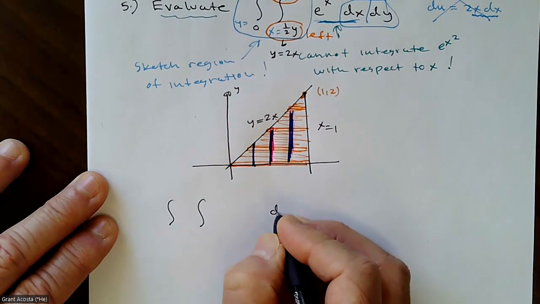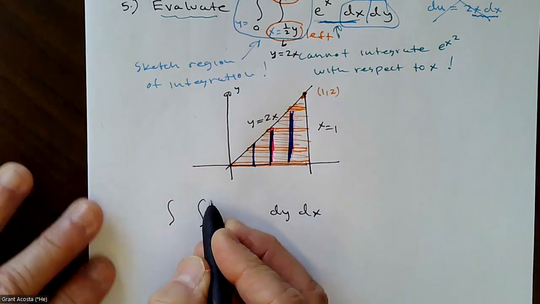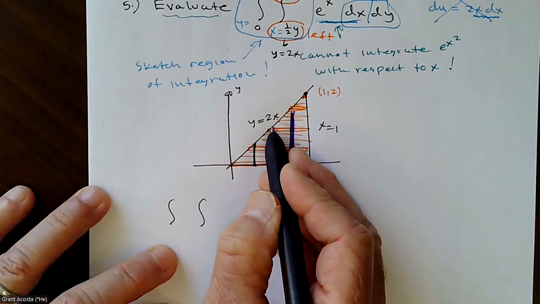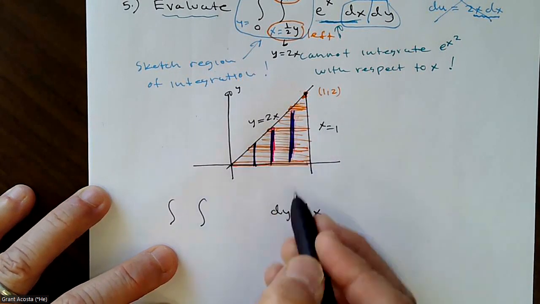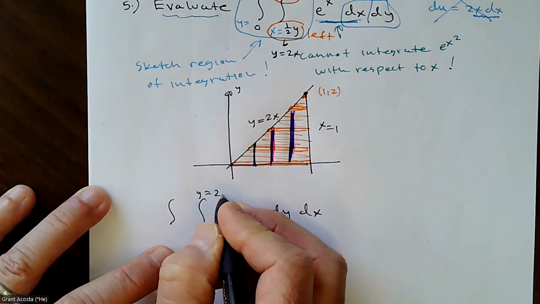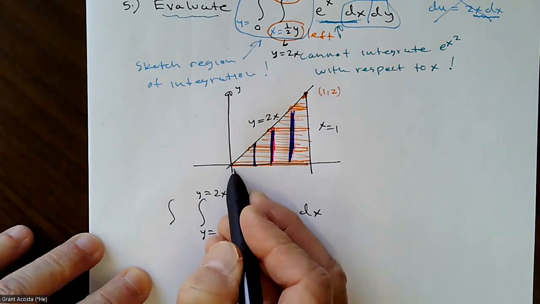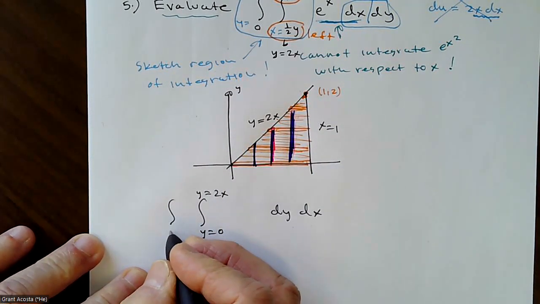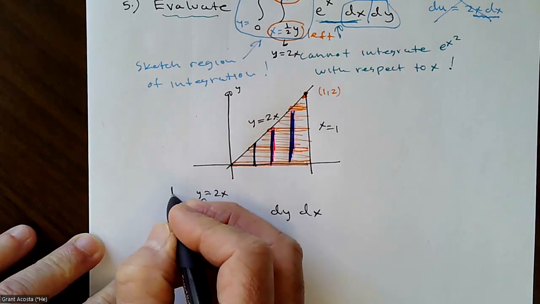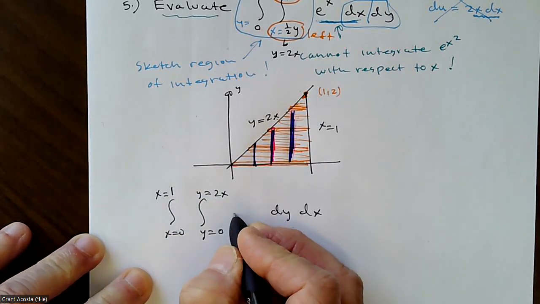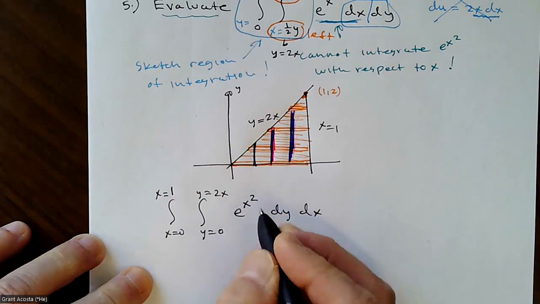So we're going dy dx. What should go here is what every vertical rectangle hits on the top in terms of y. Would that be y equals 2x? On the bottom, they always hit y equals 0. And that's true as long as my x values are between 0 and 1. And then you can just put your function back in there.